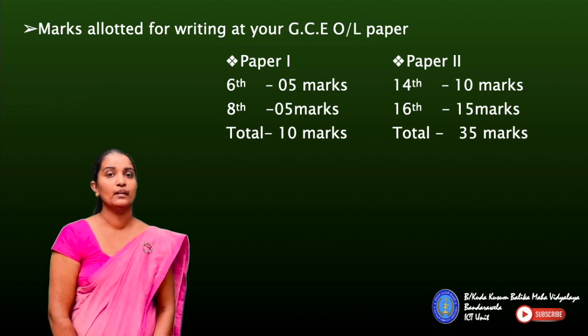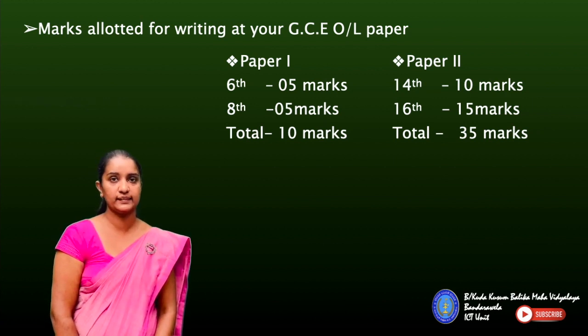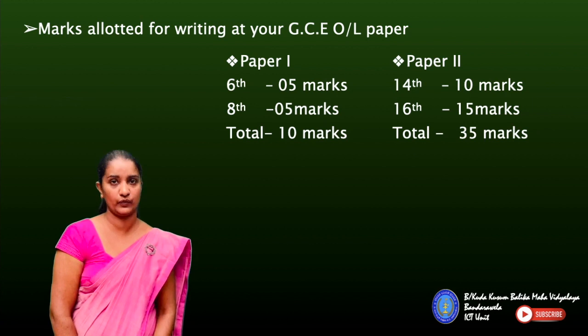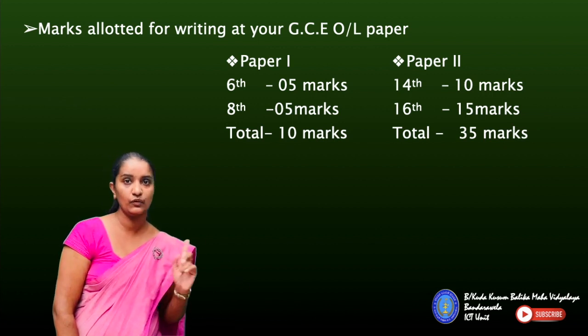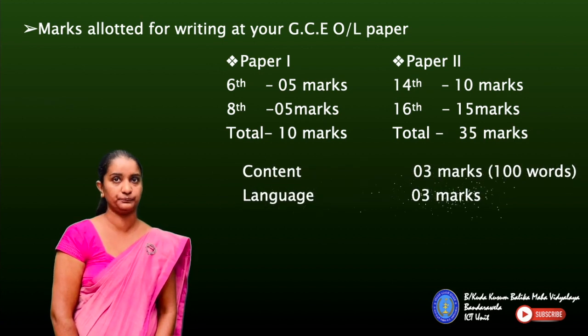And describing a graph is the 14th question, and it is an alternative question. That means you have to select either the letter or the graph. And I will show you how the marks are given for the 14th question.